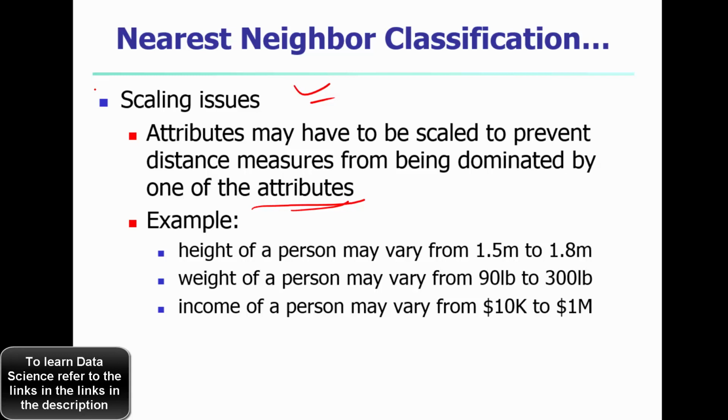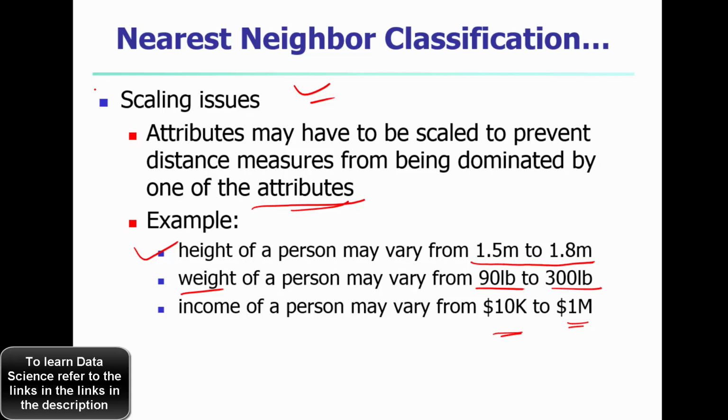Let's see this example. Here is a height which varies from 1.5 meters to 1.8 meters. That's in one unit. Weight is there in 90 lb to 300 lb. That's in another unit. And the income is from 10,000 to a million. So the numbers are different. Given the numbers are different, you will have a problem when you do not normalize or standardize them and use that in your prediction.